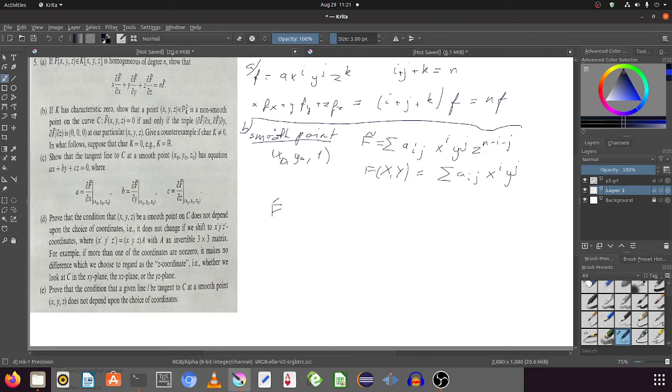So we have to compute f tilde x at (x naught, y naught, 1). And that's of course equal to f_x at (x naught, y naught), isn't it?